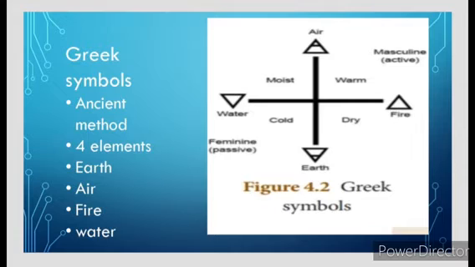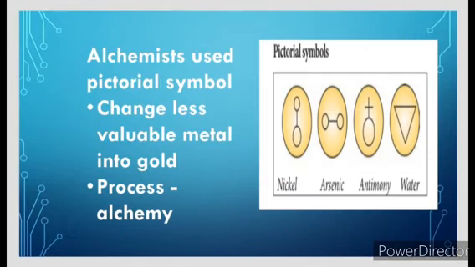And alchemist symbols is nothing but alchemists used some pictorial symbols, some picture symbols. They tried to change less valuable metal into gold. The process is alchemy, and the man who did this work is an alchemist.